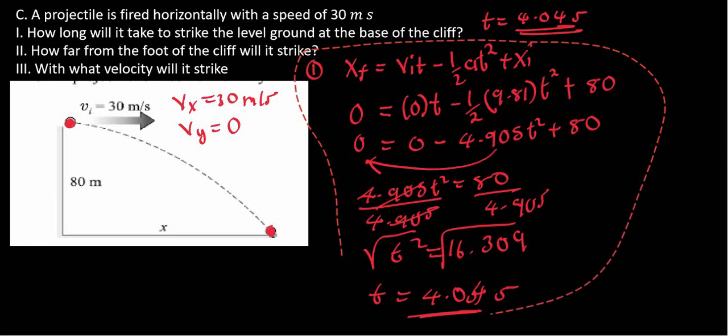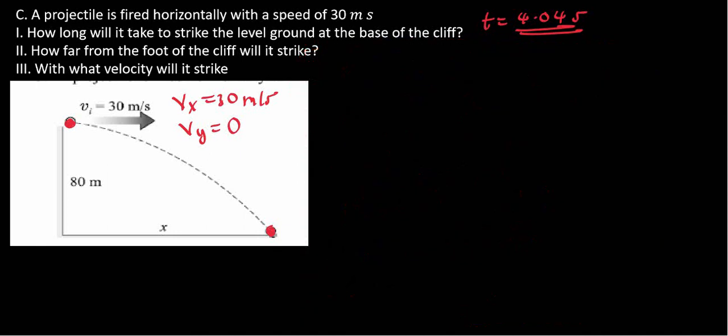Okay, now let's look at the other one. They're asking how far from the foot of the cliff will it strike? So what we're looking for is the distance from this point up to here. How do we find that? We say final displacement equals initial displacement plus v i t.